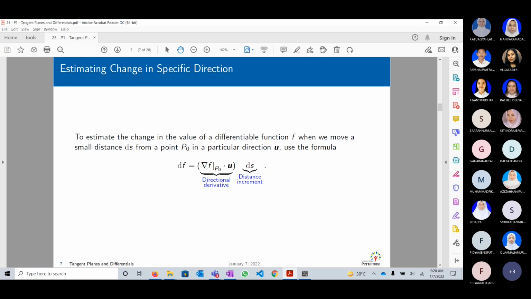To estimate the change in the value of a differentiable function f when we move a small distance ds from a point p0 in a particular direction u, we use this formula: df, the change of f, is the directional derivative, grad f at p0 dot the unit vector u, the direction, times the distance increment ds. That is the formula. So let's go to the example.